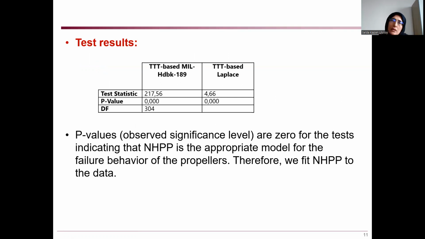But you should be careful when you are using TT-based tests, because when you reject H0, it could be that the systems actually have an HPP model, but their intensities are different. So if you are sure that systems are homogeneous, then you should use the TT-based tests.